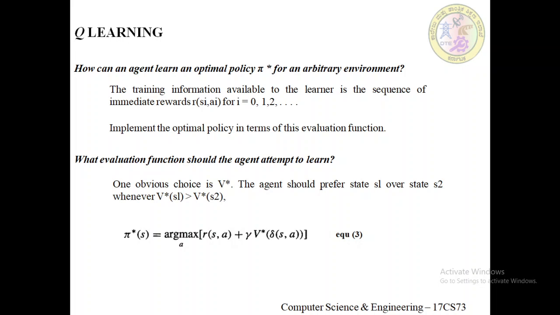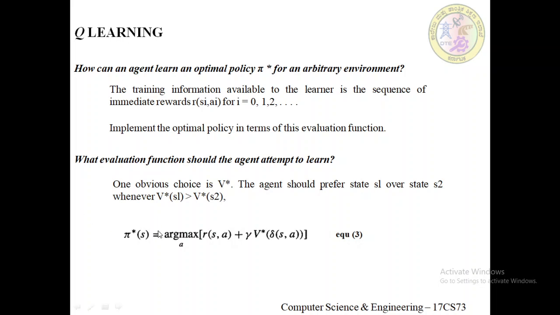The optimal action in state S is the action A that maximizes the sum of the immediate reward r of s comma a plus the value V star of the immediate successor state, discounted by gamma.